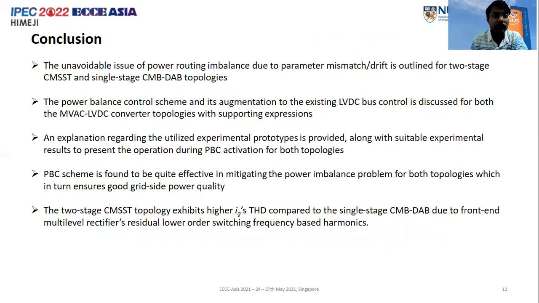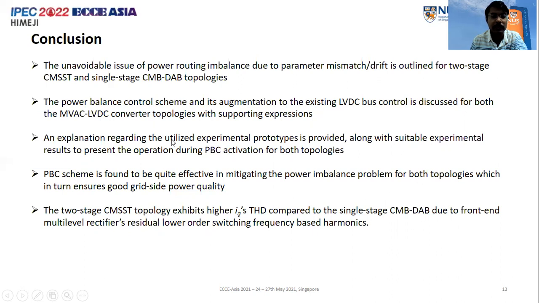Coming to the conclusion, the unavoidable issue of power routing imbalance has been explored in this paper, which is majorly due to the parameter mismatch effect, outlined for both the single stage and two stage topologies. The power balance control scheme and its augmentation to the LVDC bus control is discussed for both the converter topologies.